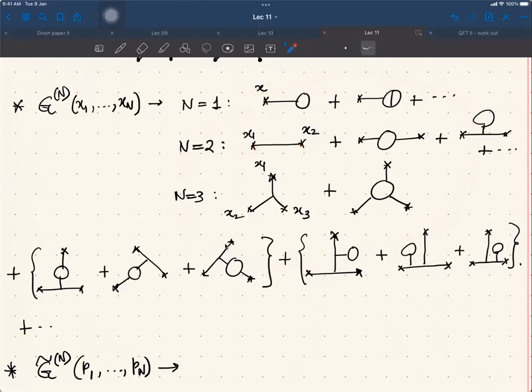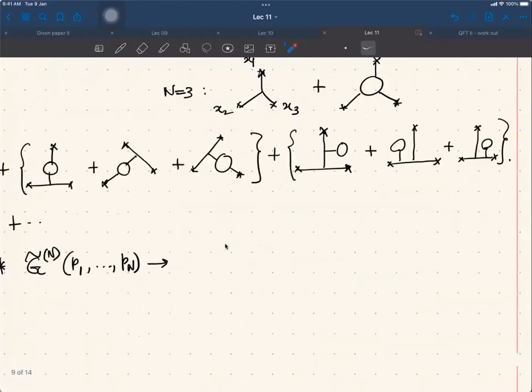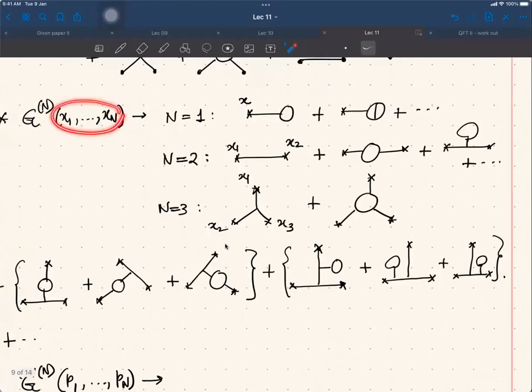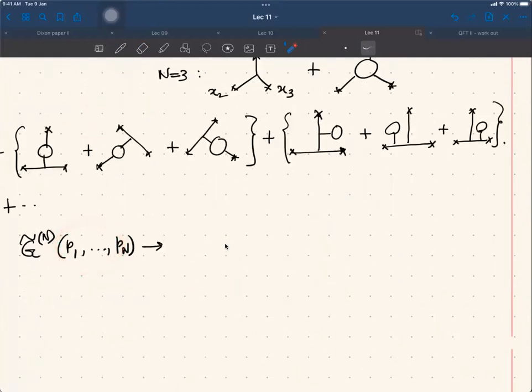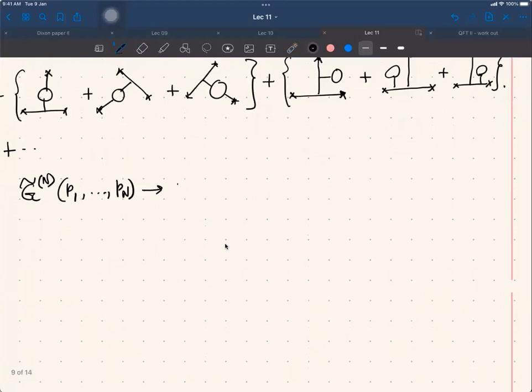Each point, you remove the x labels, because these are not fixed points, and replace them by an incoming external momentum. So the external points x1 to xn are replaced by n incoming external momenta p1 to pn. We are taking the convention that the external momenta are all incoming.